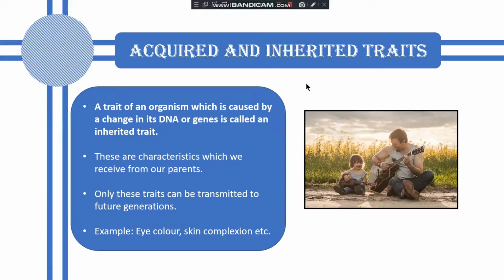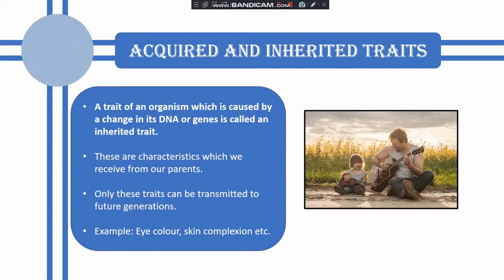I want to give you one example. Suppose there is a mouse, and we cut the tail of the mouse. What would happen? Will the next generation of the mouse have a cut tail? No. Why?